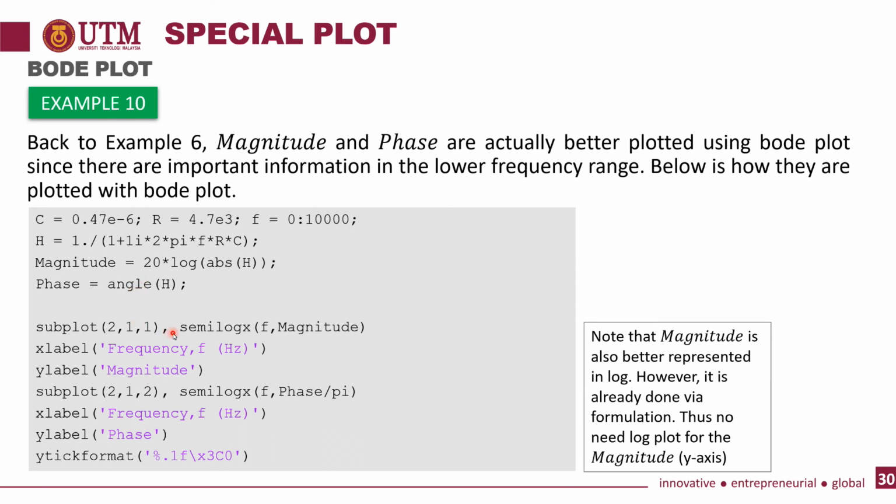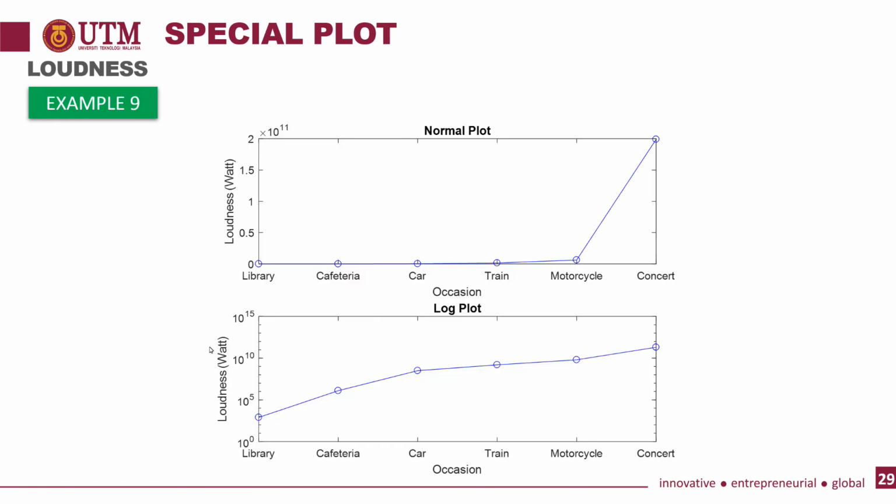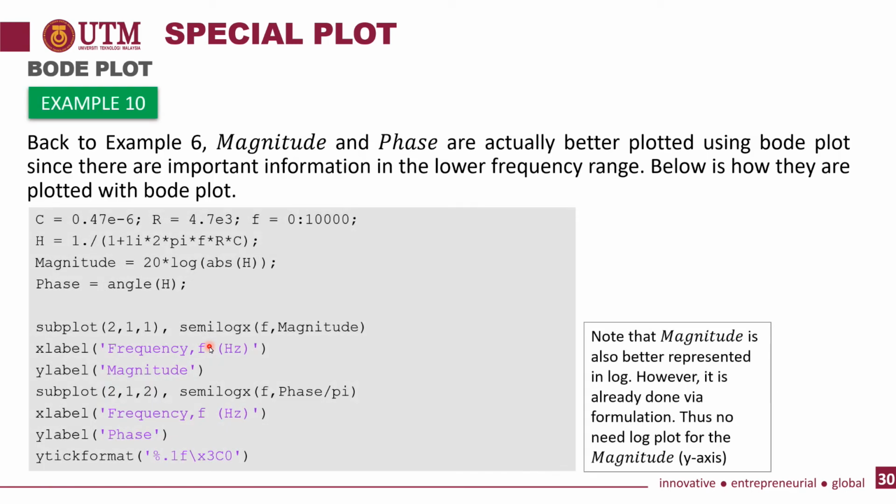What I want to say here is that if you are using a BODE plot, you must use semi-log x. See here, if you are using a logarithmic plot, you are using semi-log y. But if you wanted to create a BODE plot, you must use semi-log x. And then as usual, x label, y label, and also xtick format. Note that magnitude is also better represented in log. However, it is already done via formulation, thus no need to plot for the magnitude.